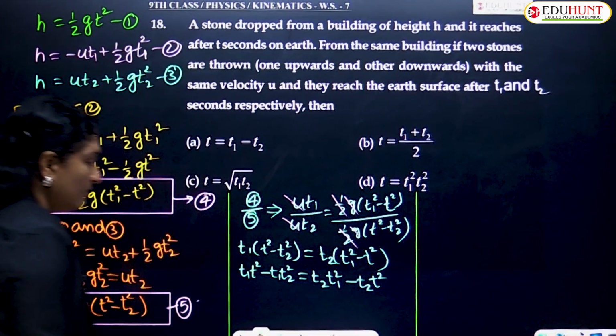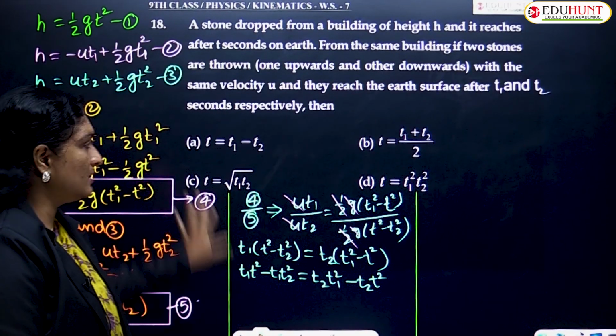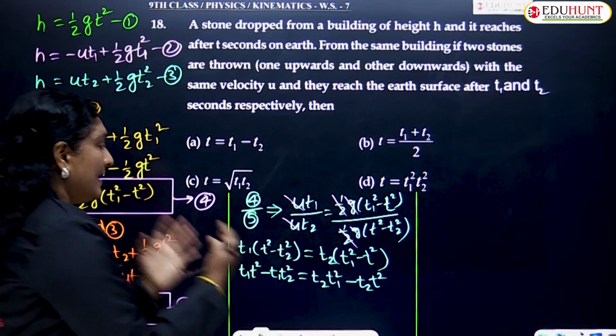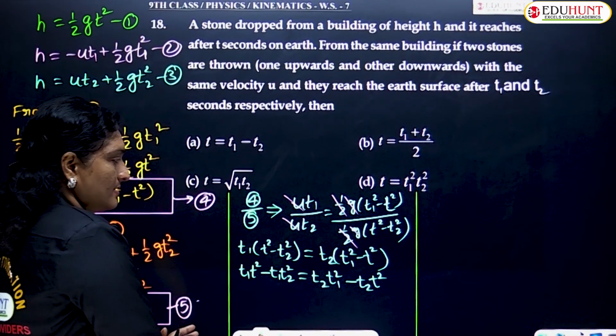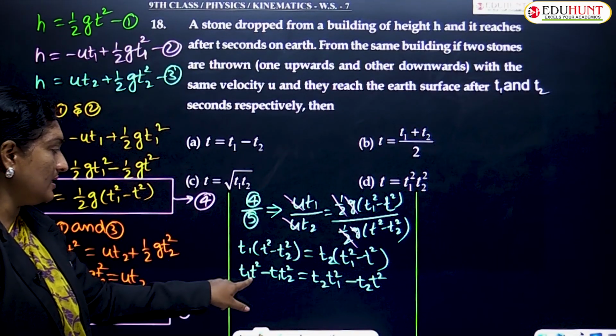Here if you observe carefully, we need the relation between t and t1, t2, so t on one side and t1 and t2 on the other side. Let us bring all the t terms to one side and the leftover terms to the other side. Here t is there, and here also t is there.